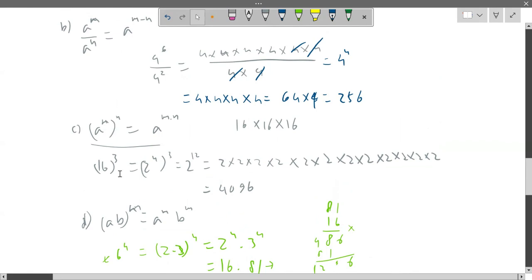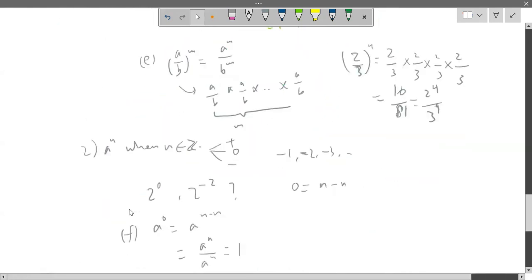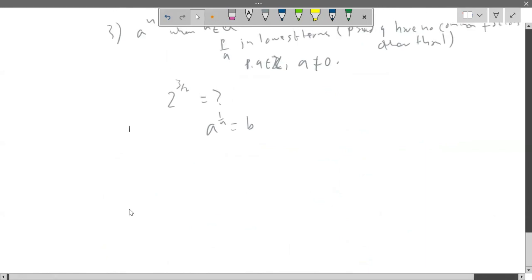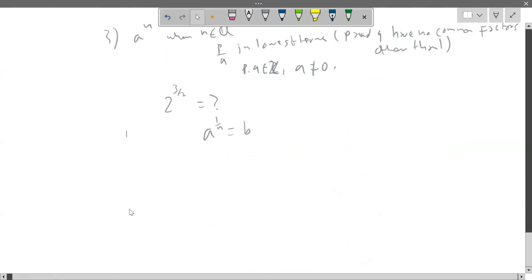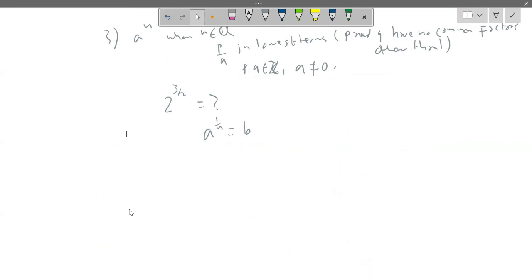But what if either one of those is a fraction, a rational number? If we assume that rule holds, we can take both sides to the power of n. That is a to the power of 1 over n, raised to the power of n, equals b raised to the power of n.